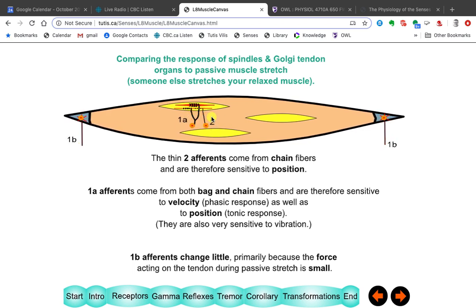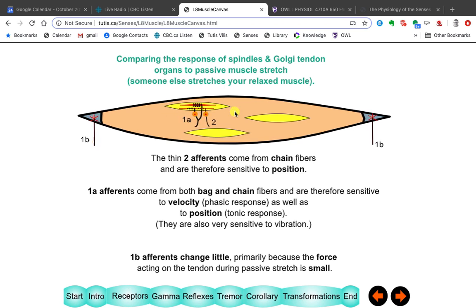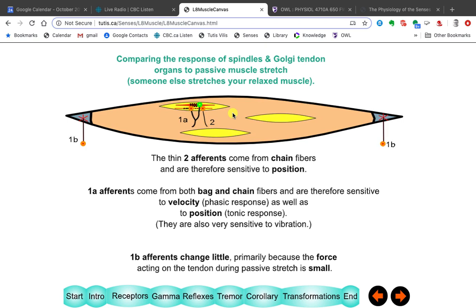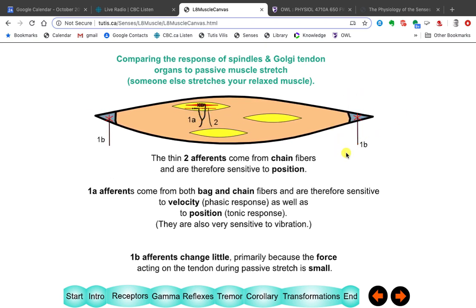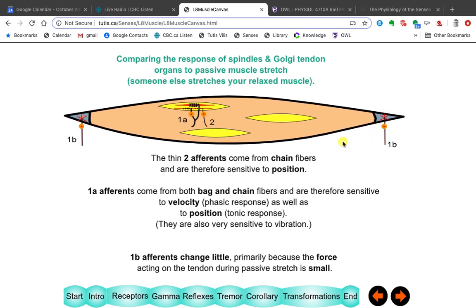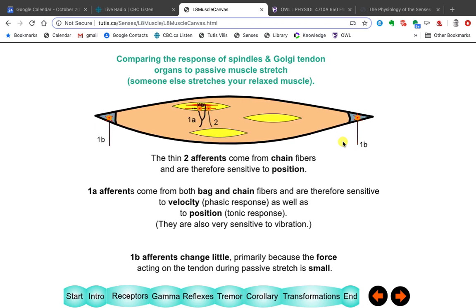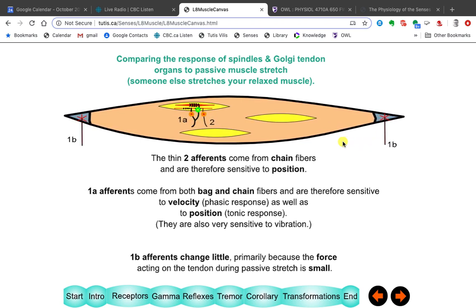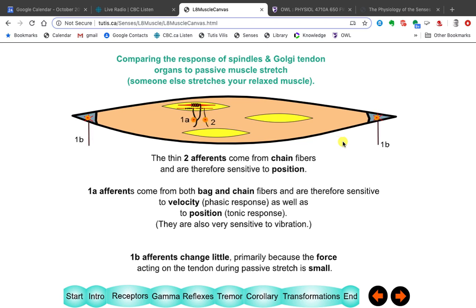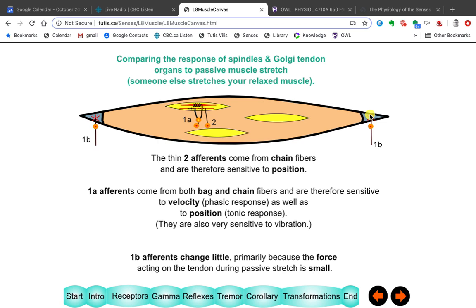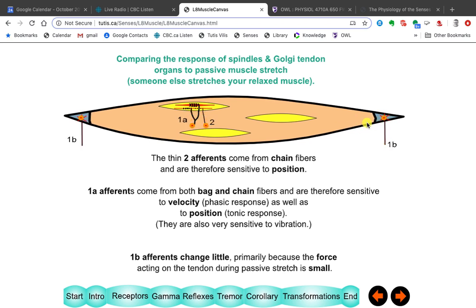The secondary is just attached to the chain fiber, so it just signals position. In contrast, you can see that the 1B fiber isn't changing its activity much because your muscle is relaxed and not much change in tension or force is being exerted onto the tendon.